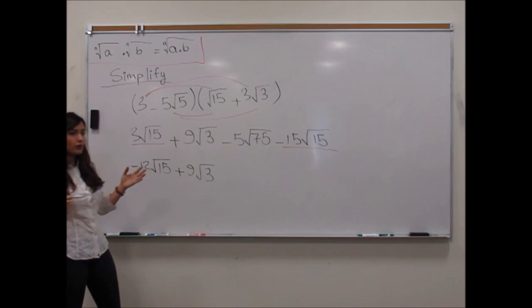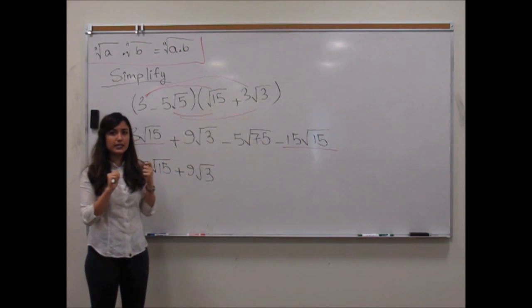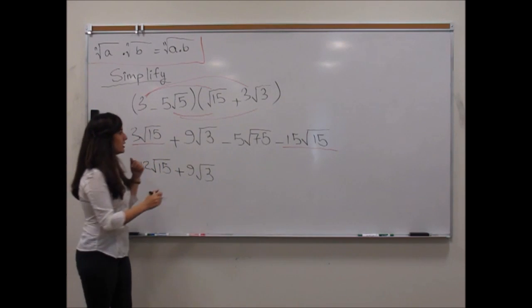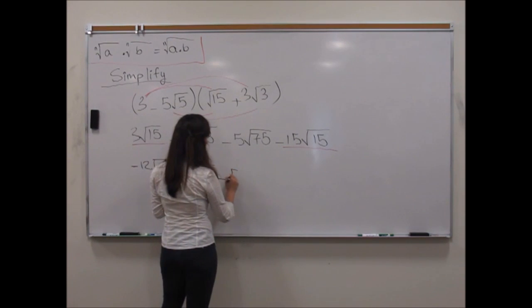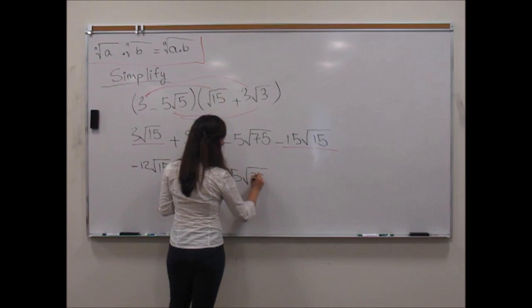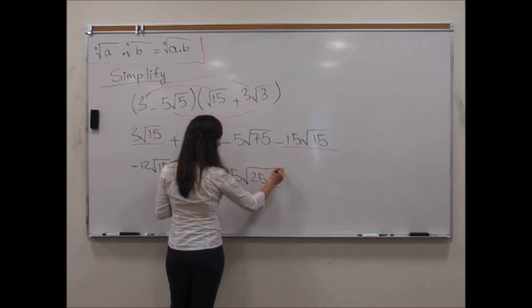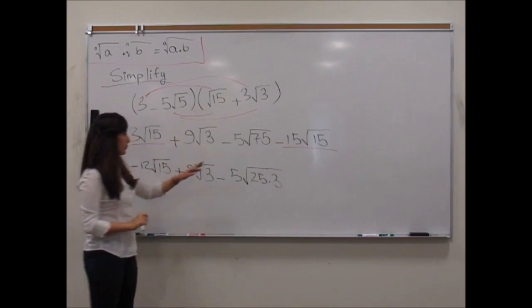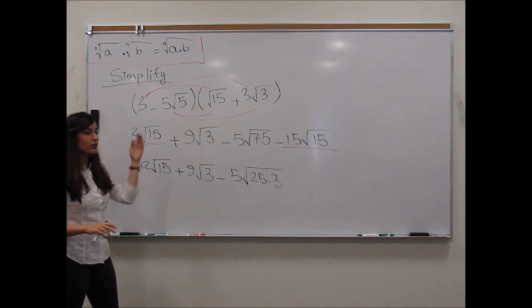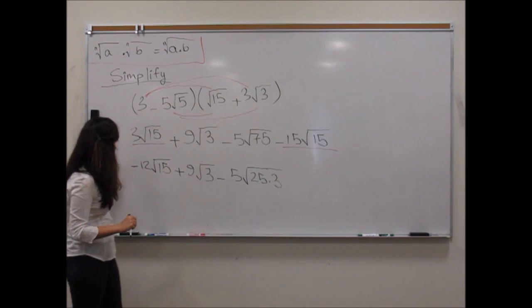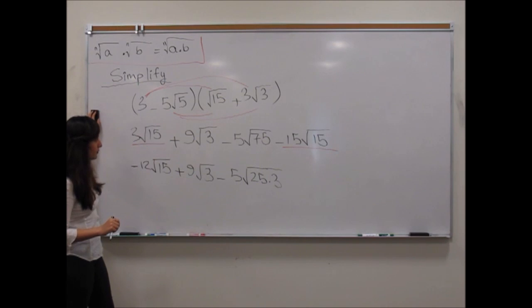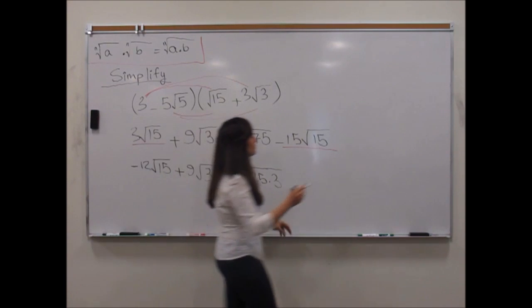Okay, this is a square, so I'm going to find the perfect square in 75, which is 25. So I can rewrite 75 as 25 times 3. And then I can break out that one to rad 25 times rad 3. So maybe I should write that here.